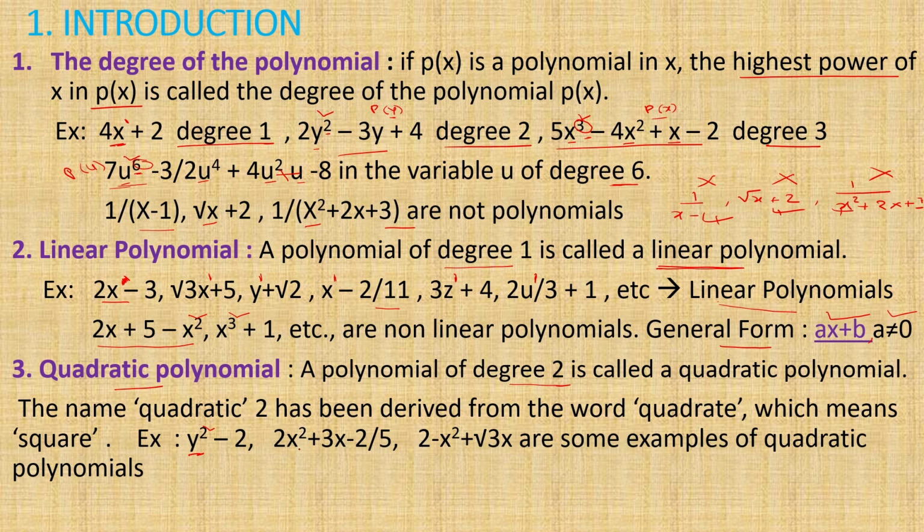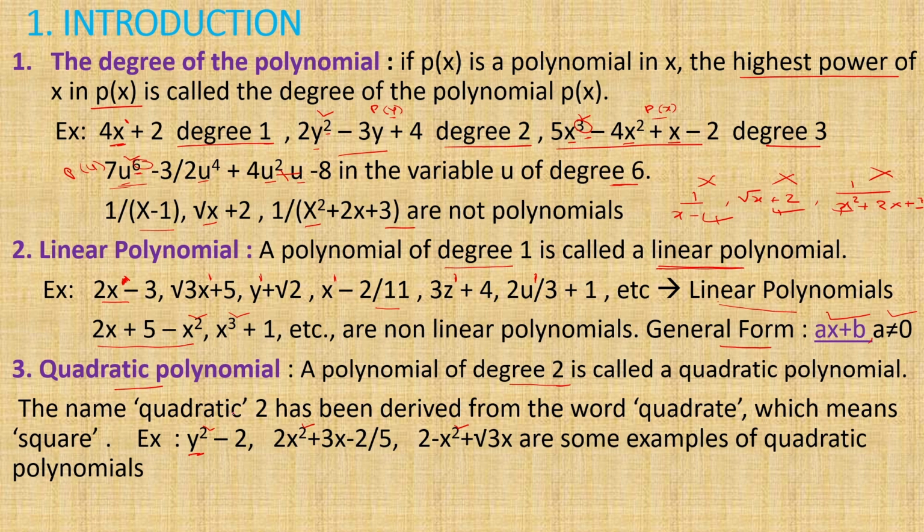Here 2x square plus 3x minus 2 by 5. What is the highest degree? x square, 2. Here 2 minus x square plus root 3x. The highest degree is x square, so 2. All these polynomials have degree 2, so these types of polynomials are called quadratic polynomials.